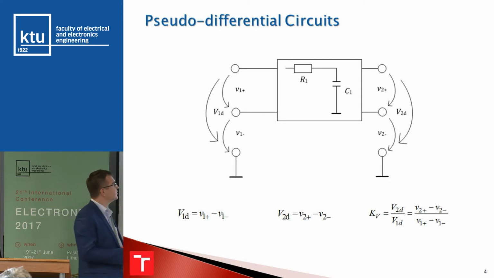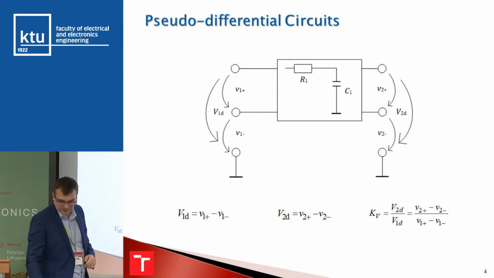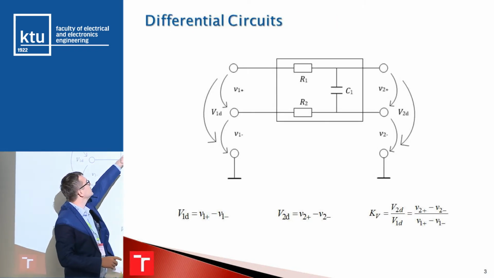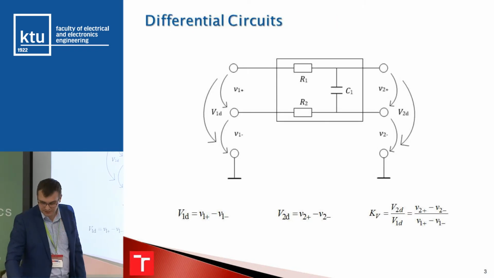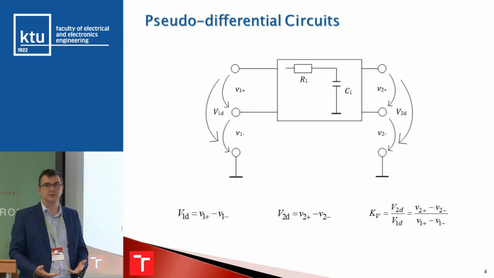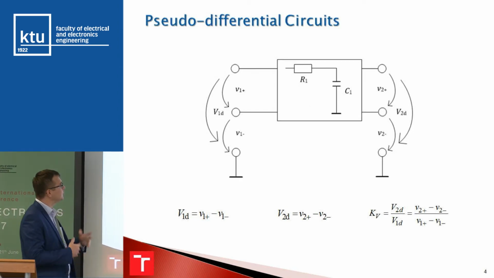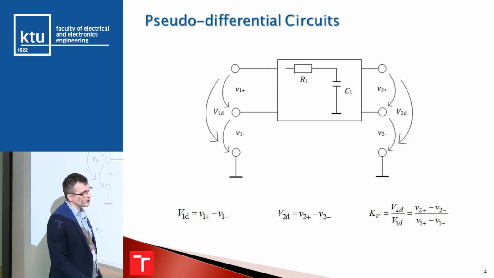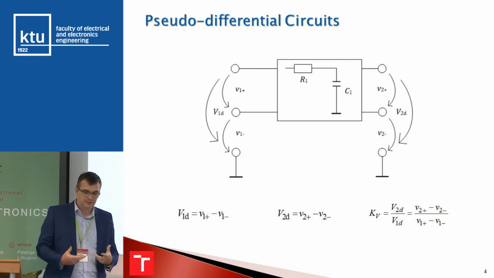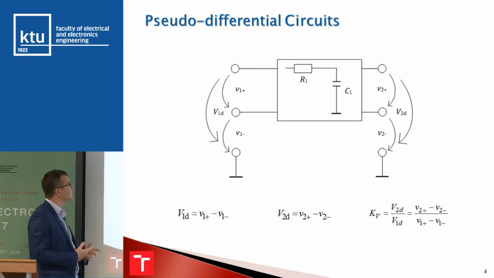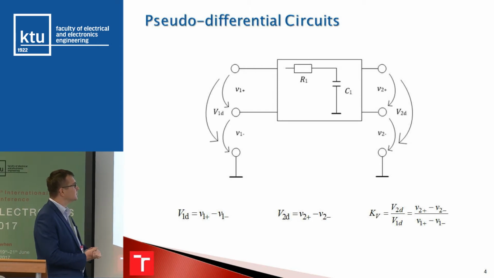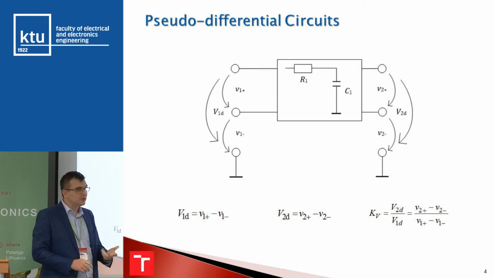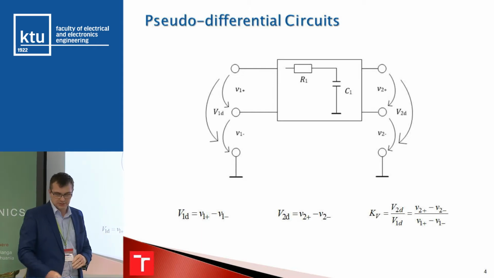From this simple circuitry we can see that here we have to use two resistances, and here only one is sufficient. The point is that from just this simple RC circuit we would not be able to create a differential circuit or obtain differential input and output, for sure not. But this is the idea behind pseudo-differential circuits.